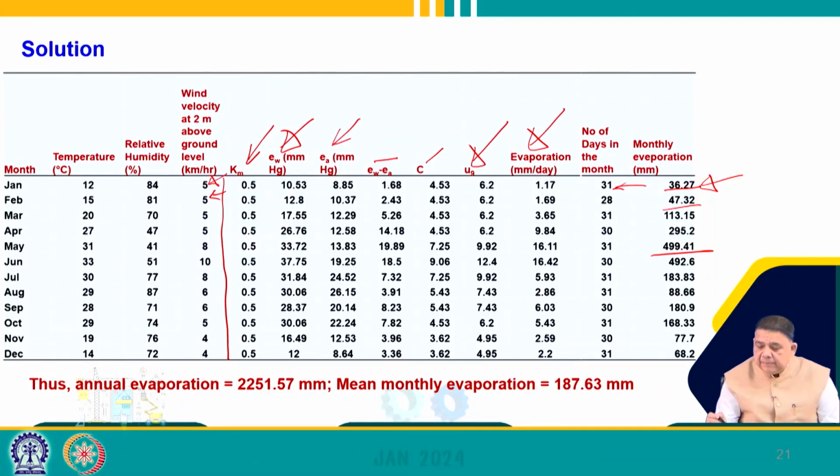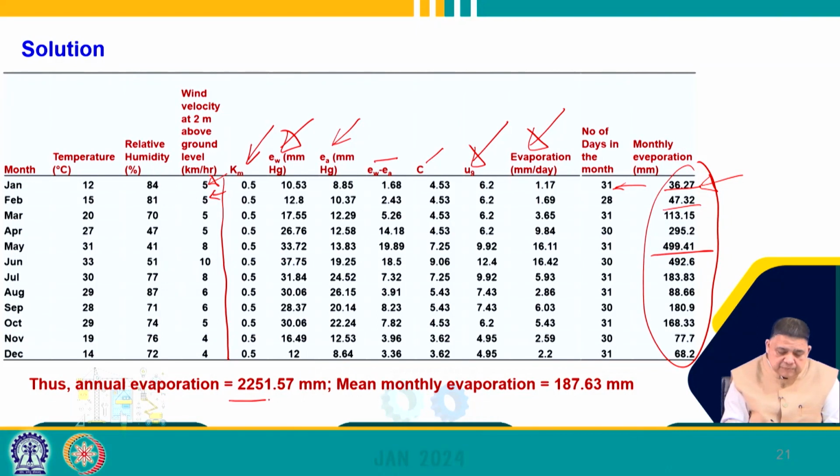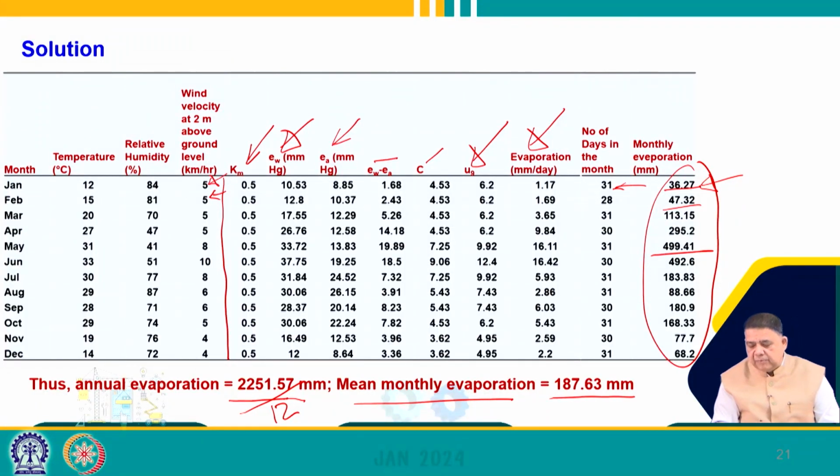And the total evaporation value, the sum of this column, will be the total annual evaporation, which comes out to be 2251.57 millimeters. And the mean monthly evaporation, that is, if we divide this value by 12, comes out to be 187.63 millimeters.